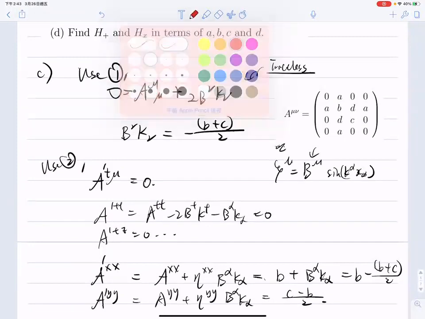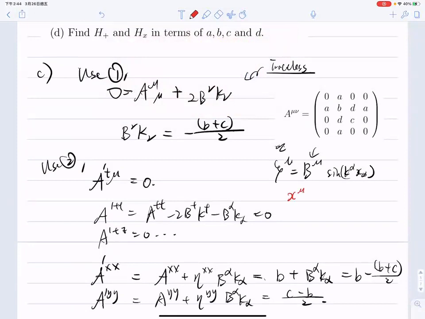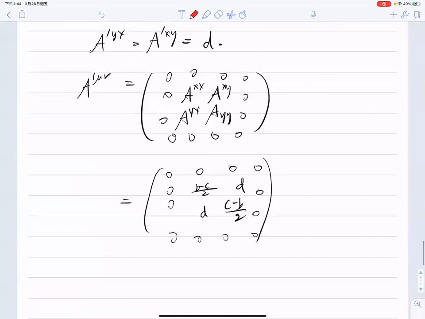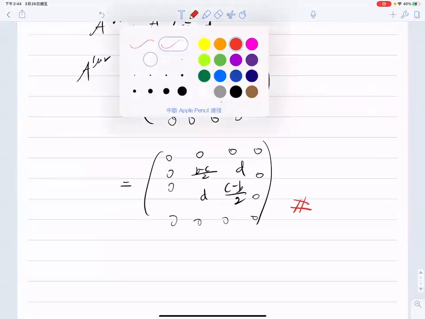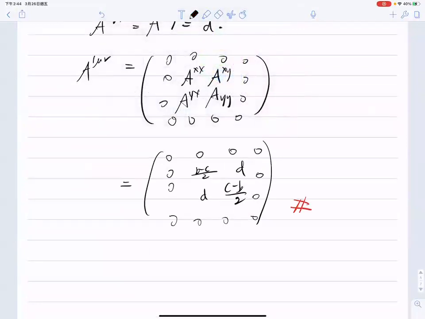How does the coordinate transform? The X mu becomes X prime mu equal to X mu minus or plus, as you want, a very infinitesimally small vector, xi mu, and then we transform this A mu nu to become A prime mu nu, yeah, this is the plus minus.